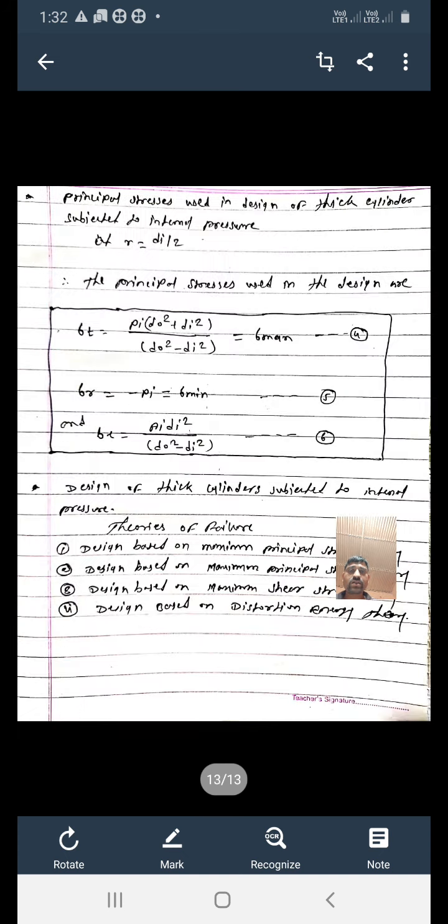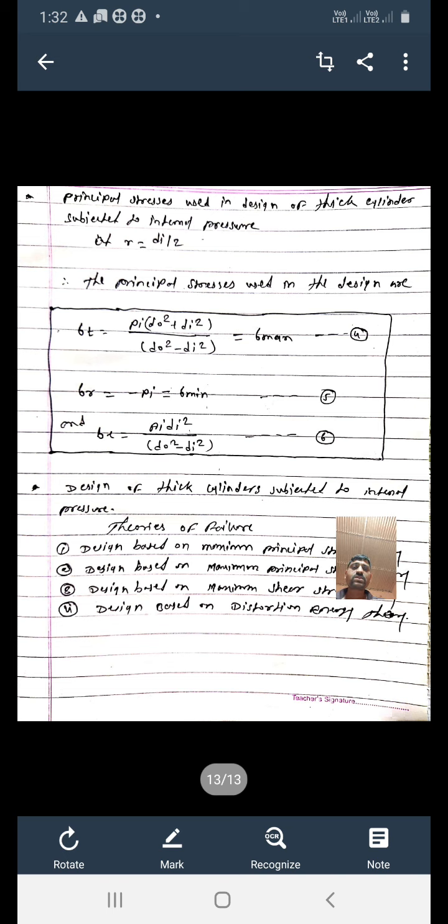From this table it is seen that the principal stresses are significant at the inner surface as compared to the outer surface. Hence the design of the thick cylinder is based on the three principal stresses at the inner surface, that is radius r is equal to di by 2. This is very important.